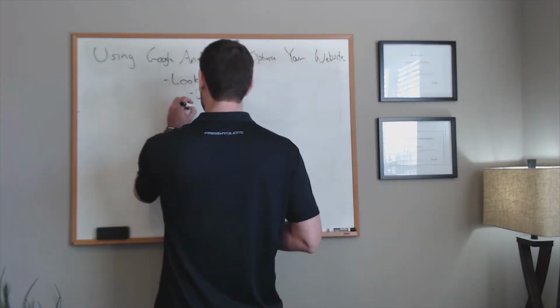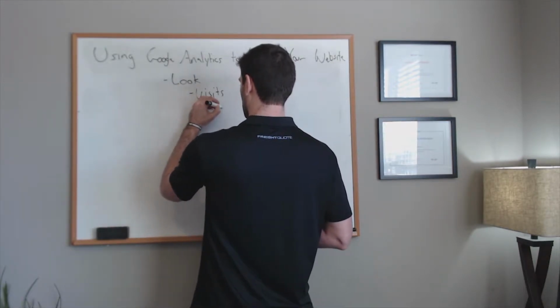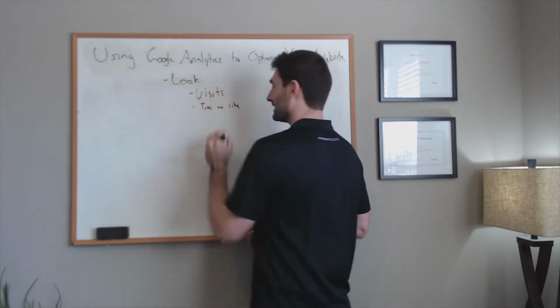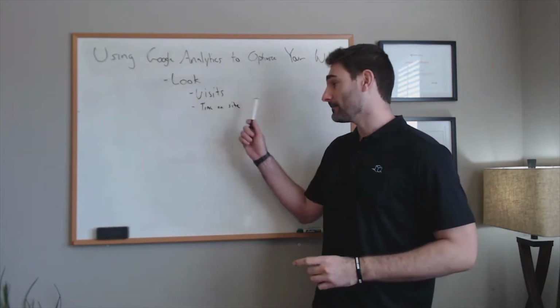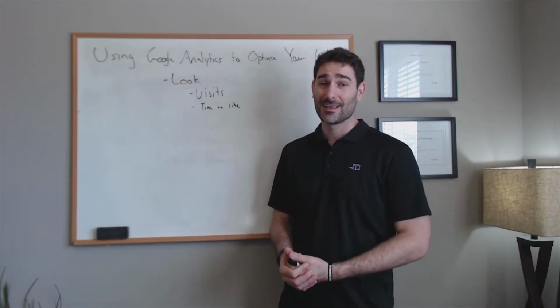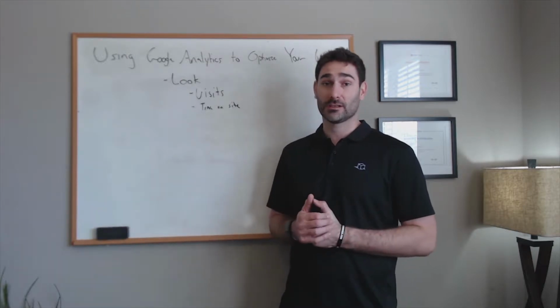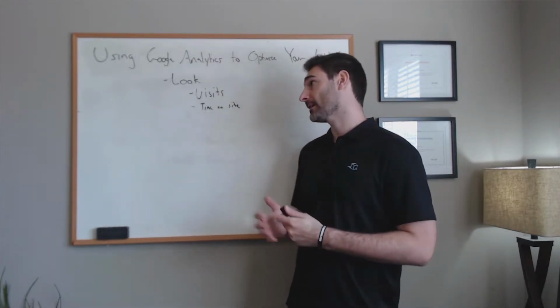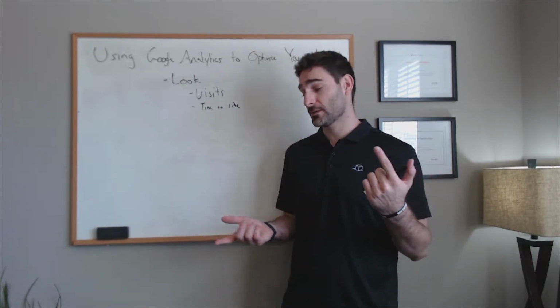Now the next important one to look at is the time on site. Now this will tell you how people are engaging with your website. If the time on site for your website is like 10 seconds or 20 seconds, then there's really something that you need to look at there as far as why people are leaving your website so fast. It could be a multitude of things. It could be the website speed.